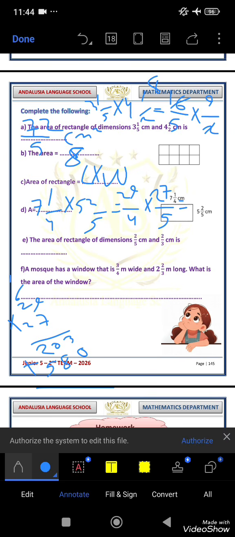So add, it will be 783 over 4 times 5 is 20. The unit is centimeter square.